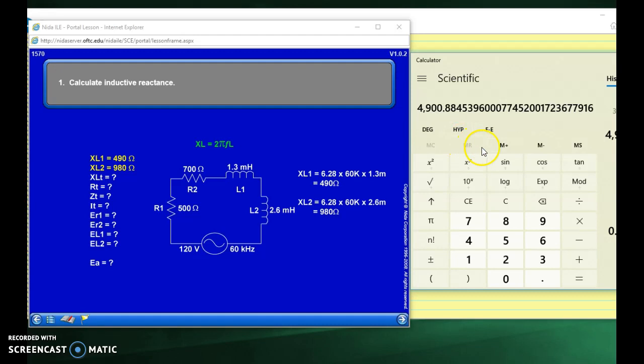And we're going to come out, whoops, I missed a decimal point there, so let me try it again. It's easy to do when you're converting in your head. So let's write it out. Let's not convert in our head. We've got 1.3 millihenries, and this is where I went wrong.